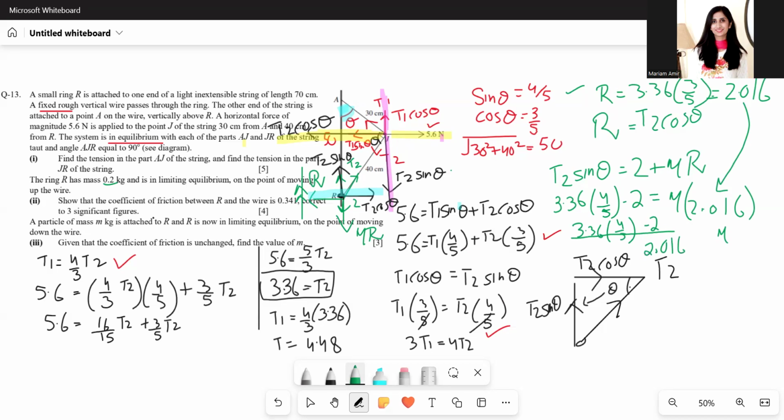Let's see what we get. So 3.36 times 4 by 5 minus 2, answer divided by 2.016, gives me 0.34126. So mu comes out to be 0.34126.